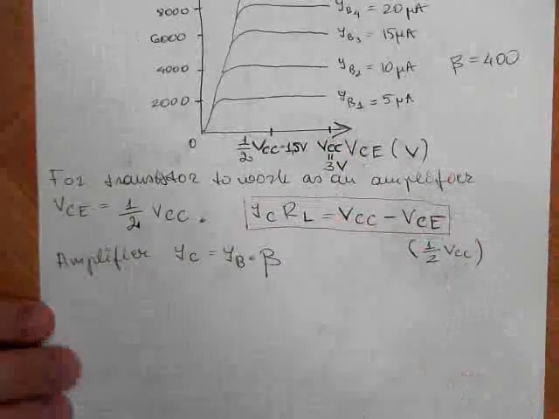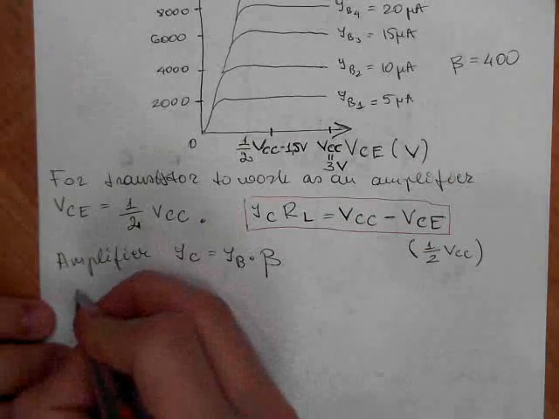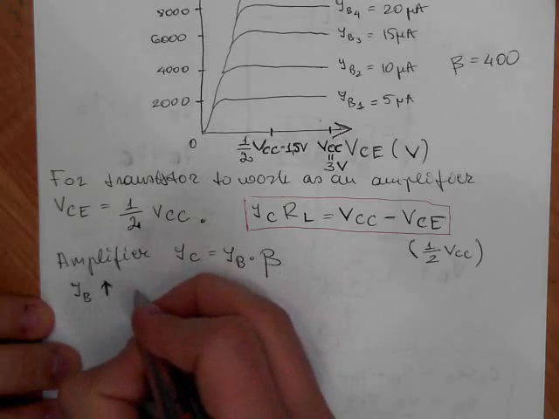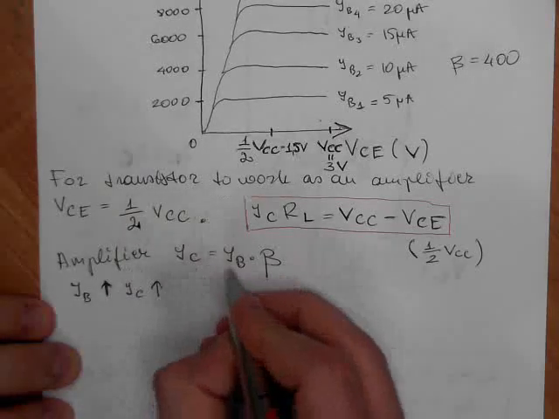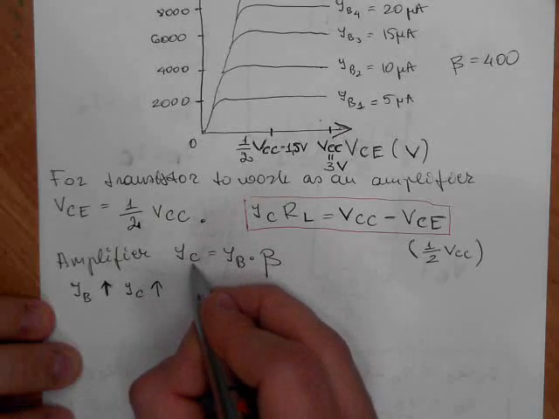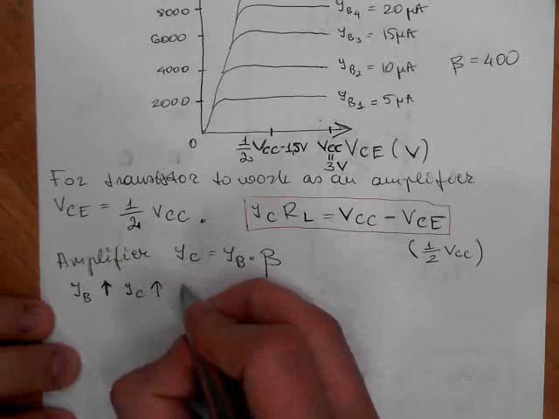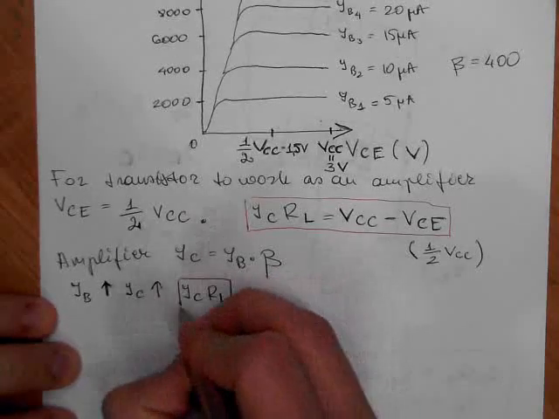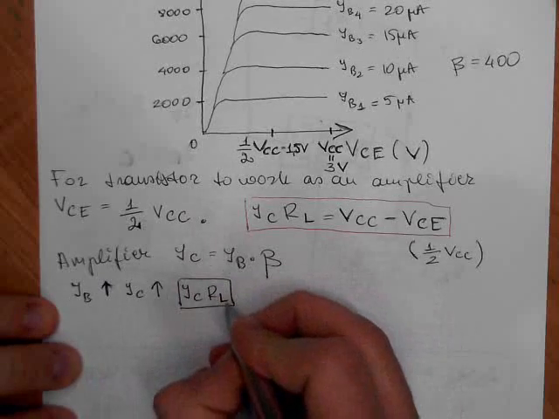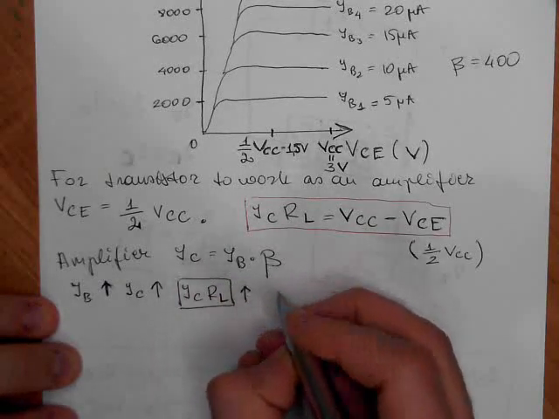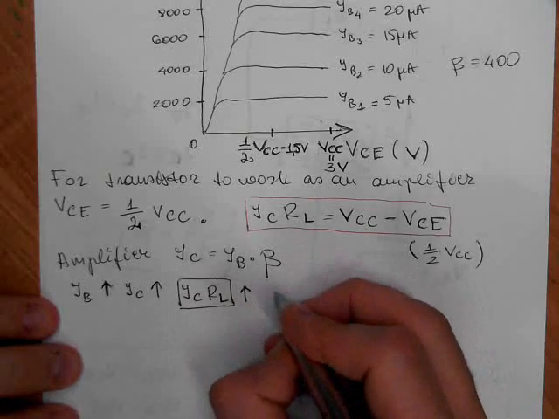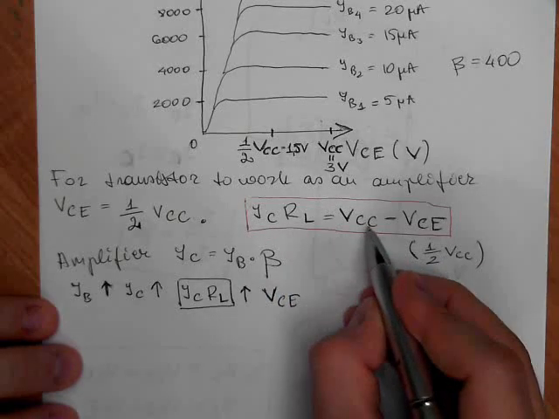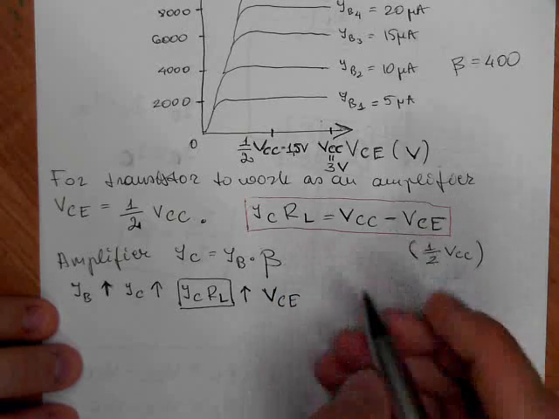So when IB increases, IC increases. We see in this equation IB increases, IC increases. So then what happens? IC RL, that is the voltage drop on RL, also increases. And it means that VCE, because this increases and VCC is constant, has to decrease. So VCE decreases, and from a half we go here.